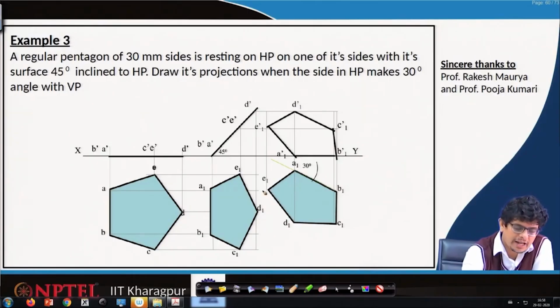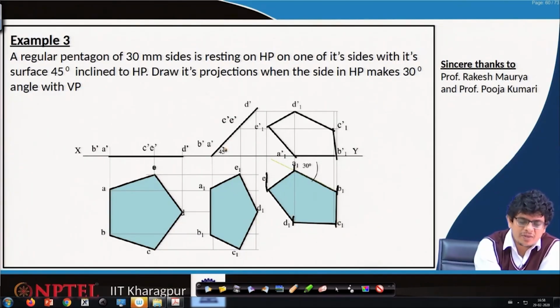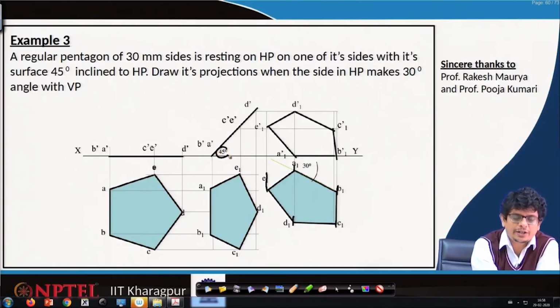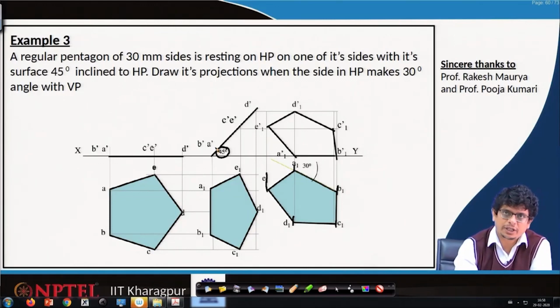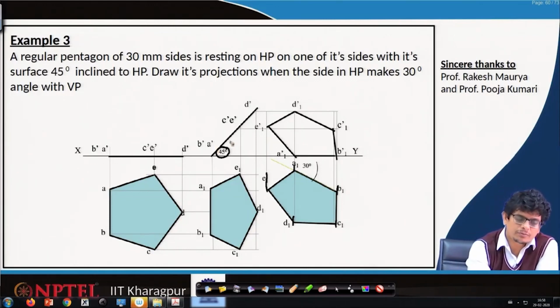Once that is done, again project these lines from E, C, A, B and D, and already we have rotated it by 45 degrees in the vertical plane. So, with the horizontal plane, whatever angle it is making, we observe the locus points where A intersects with A prime, called A1 prime.